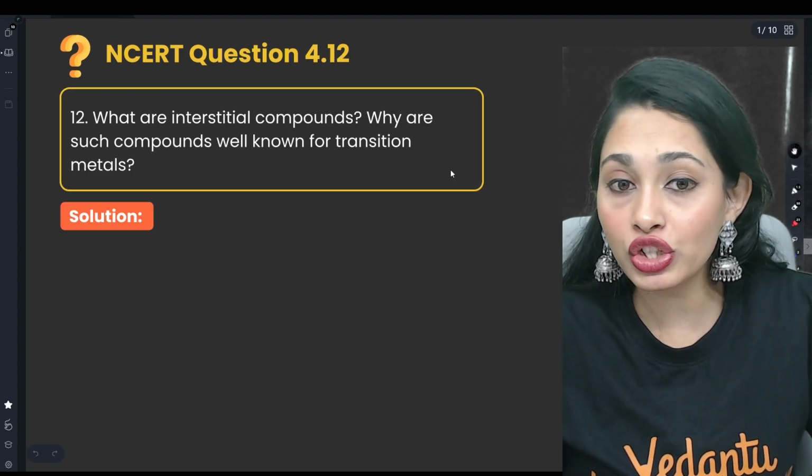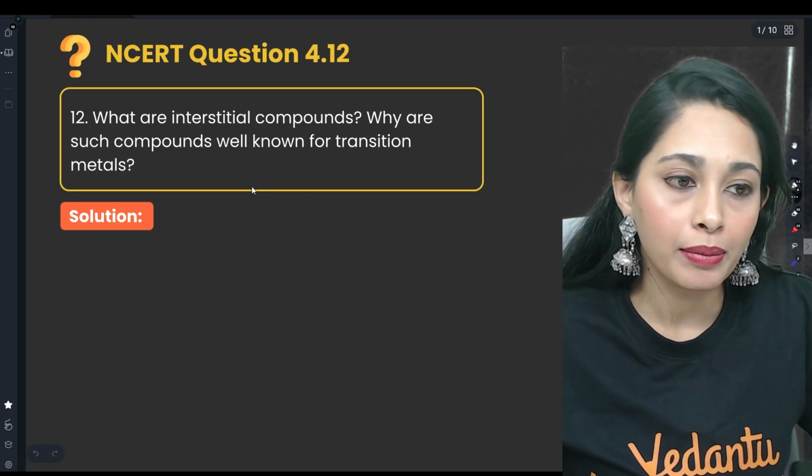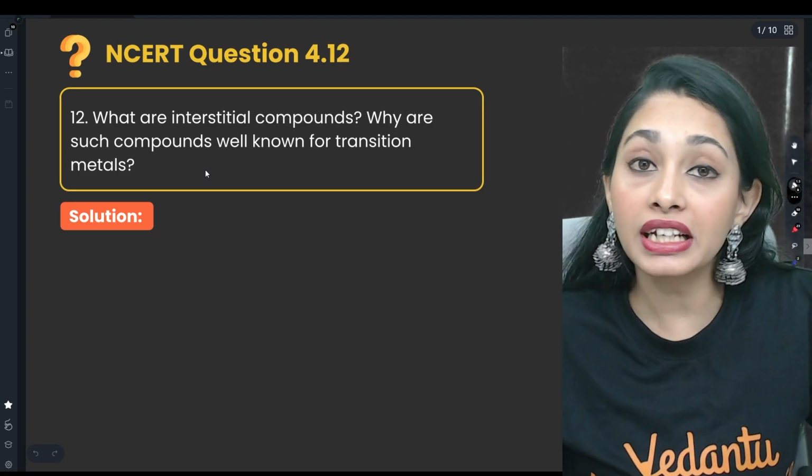What are interstitial compounds? Why are such compounds well known for transition metals? So first, what are interstitial compounds?